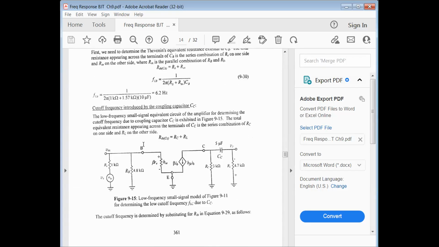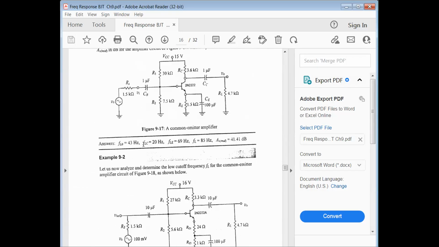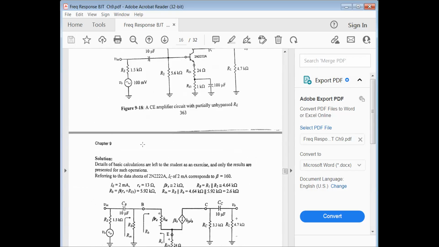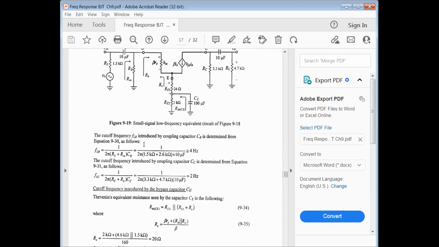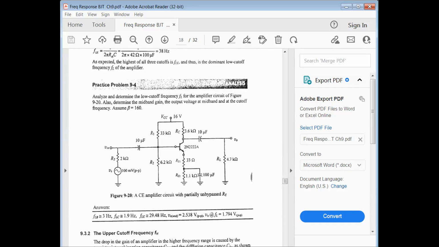Let's see. So for example, what was it, 994? So here in this problem, it asks for the output voltage at midband. That'll just be the gain, which you calculate here, times the voltage here. Roughly.